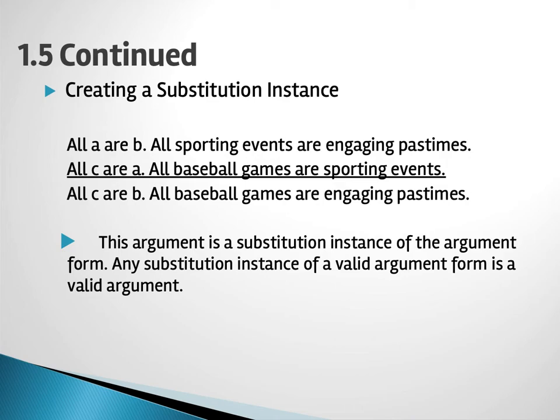I'm substituting sporting events for A, and engaging pastimes for B. All baseball games, C, are sporting events, which is A. All baseball games are engaging pastimes. So this is what we mean by a substitution instance. In this case, we have a valid argument.